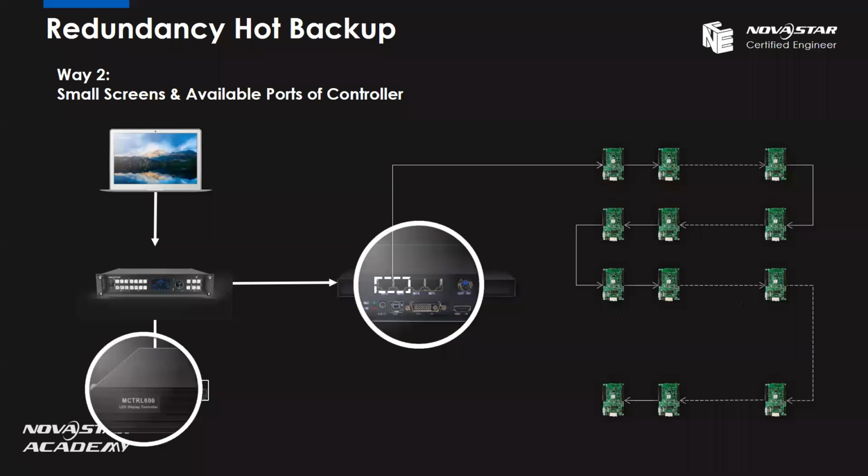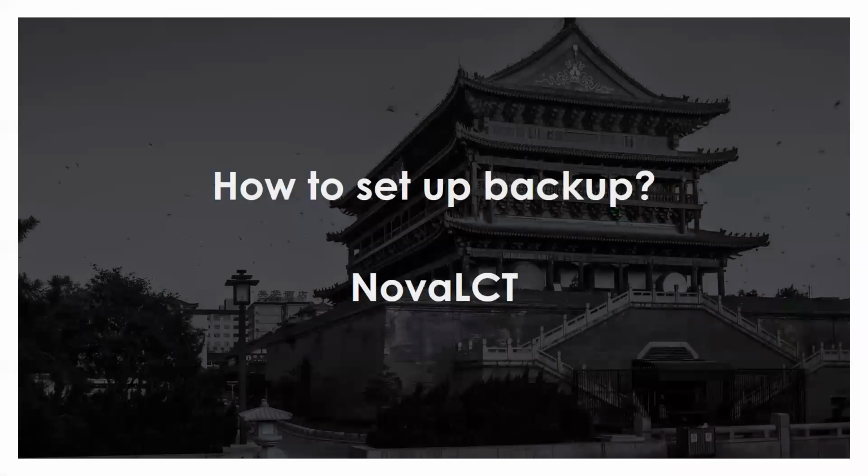So it's the same situation. We can connect the rest two ports to the last panel of our screen and to finish the redundancy job. So these are the two different situations, talking about big screens or small screens, or big controllers or small controllers. So both can work.